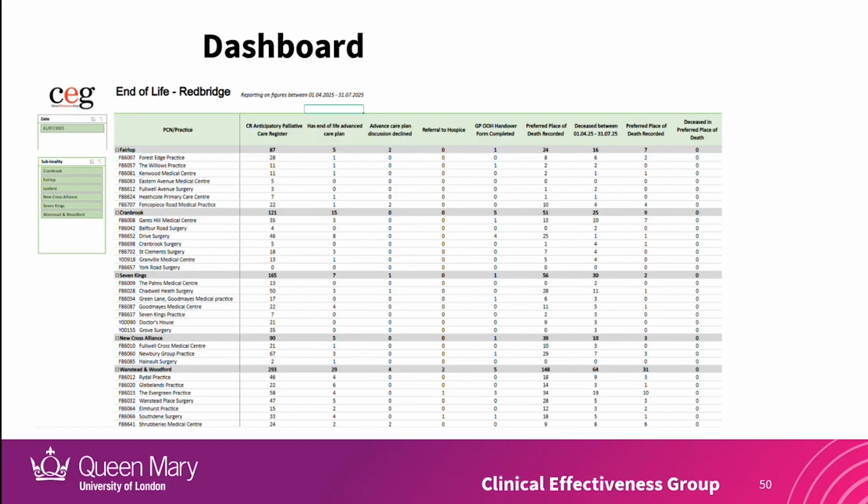You do have a dashboard. The dashboard you are seeing is looking from the 1st of April up until the 31st of July, and then there will be a change from the 1st of August onwards once that's been produced.